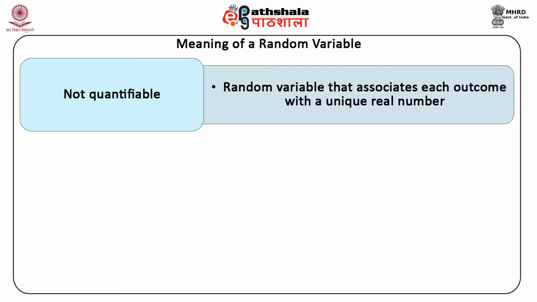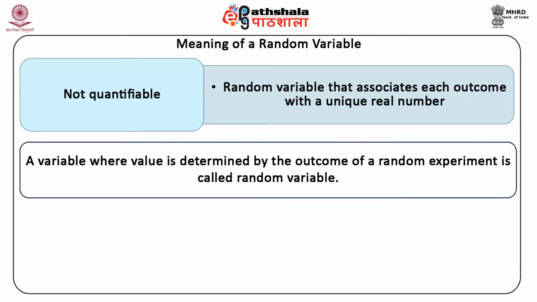We may state a random variable with values 0 if defective and 1 if not defective. Thus, a variable whose value is determined by the outcome of a random experiment is called a random variable.